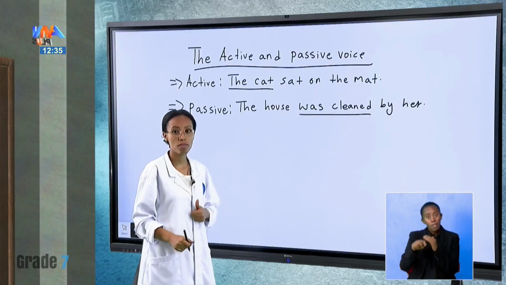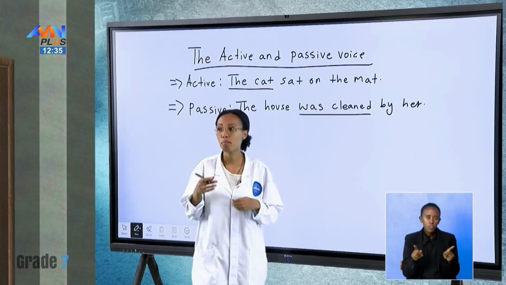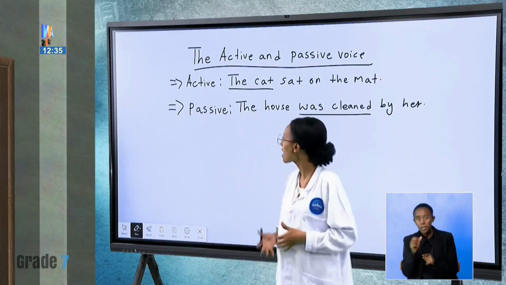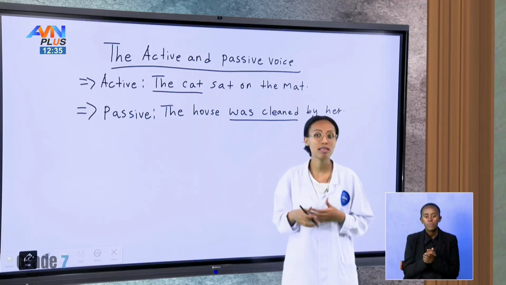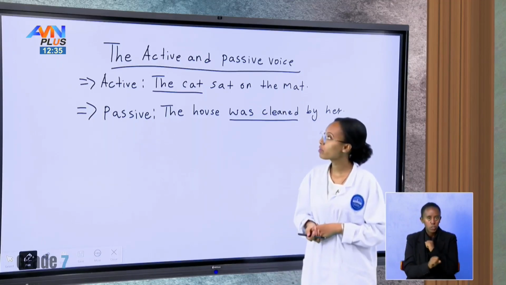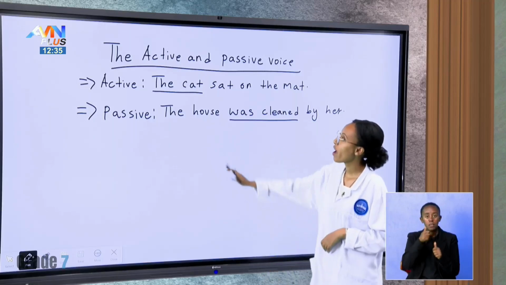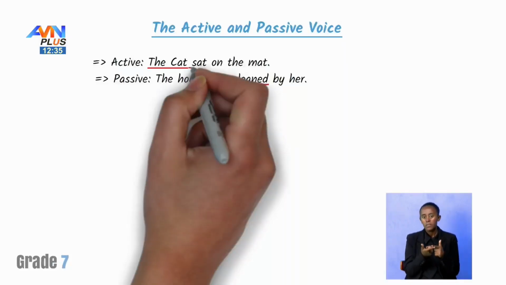And the way to differentiate a passive and an active voice is by the tense or verb formation that they use. For example, in the active voice, we have first subject, and then we have our verb, and then we have an object.